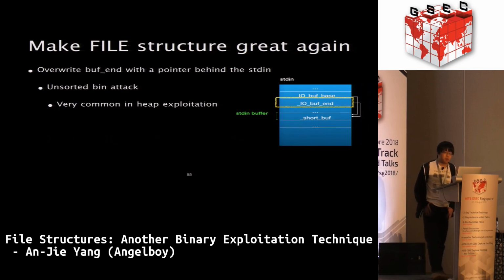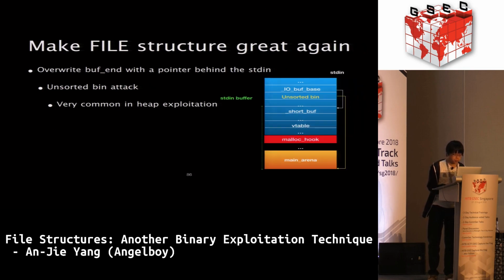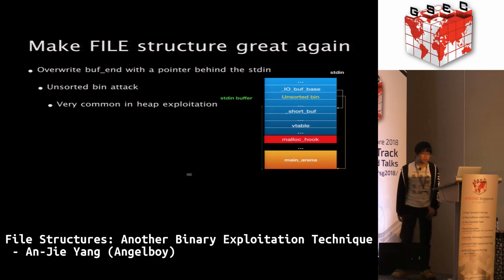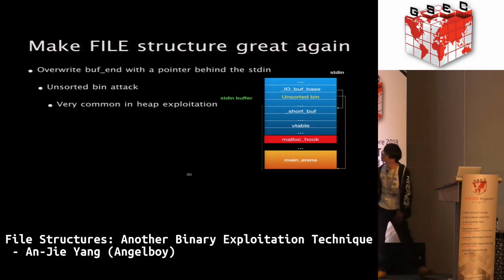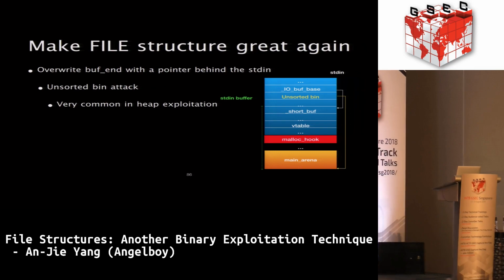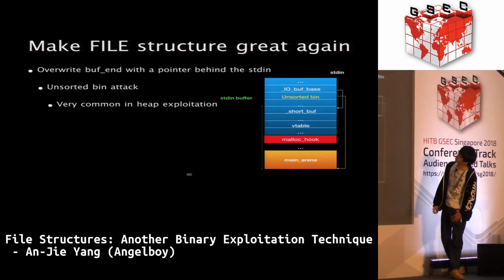If we have some memory corruption on the heap, we can use an unsorted bin attack, which is very common in heap exploitation, to override IO buffer end with a pointer. The pointer, called unsorted bin, is behind the standard in structure. As a result, we create a large standard in buffer in Glibc again. That is the standard in buffer.